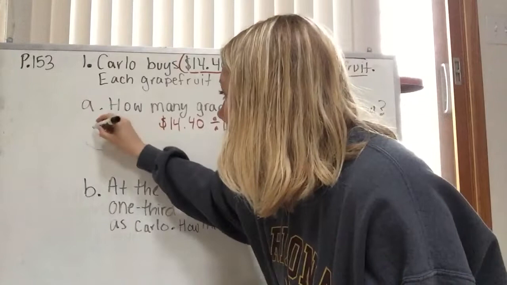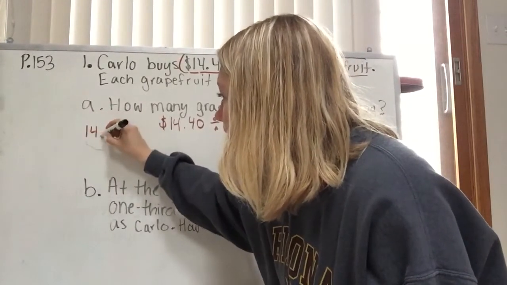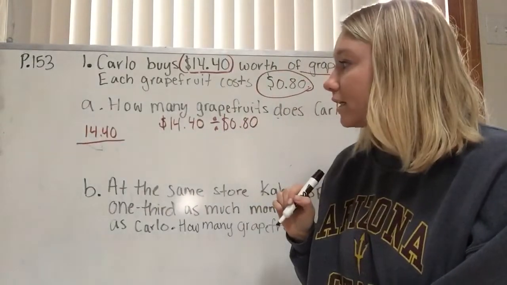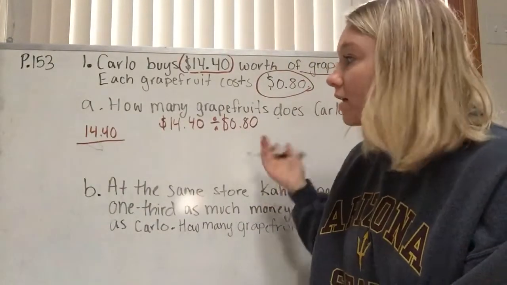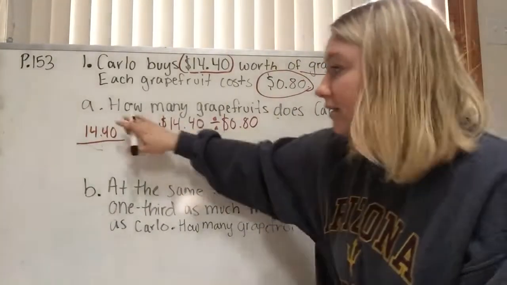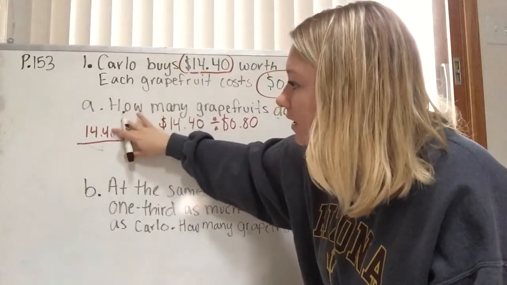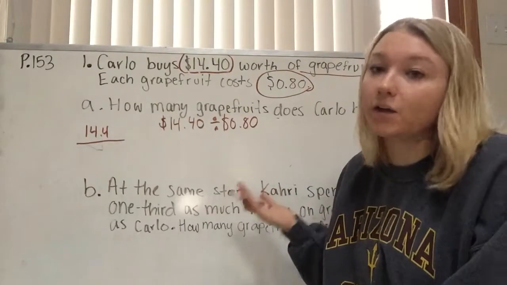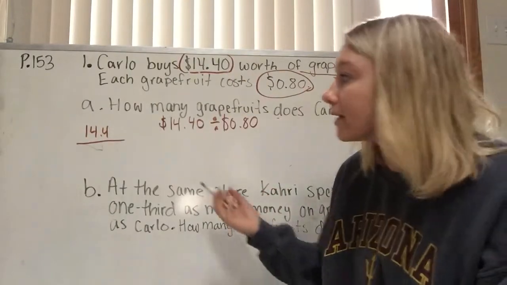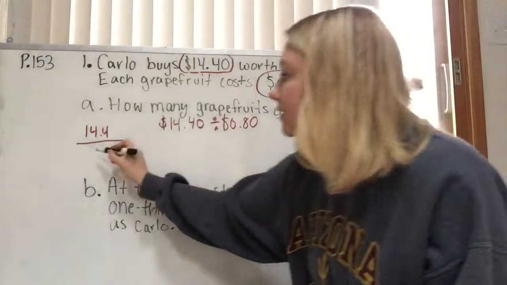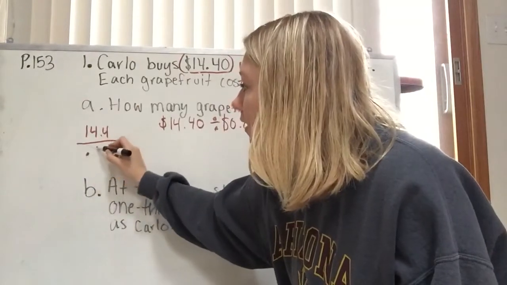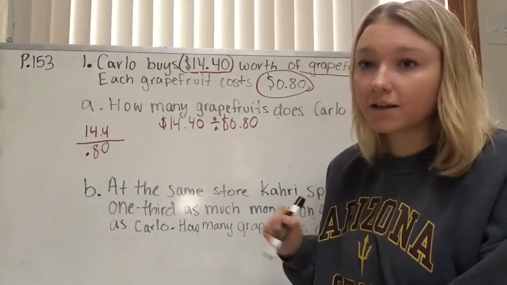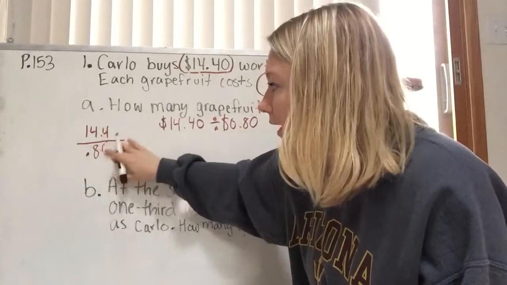So I'm going to take 14.40, 14 4/10. So I don't really need the 0 at the end, right? Because there's no value in that place, in the hundredths place. And then same with this, the 80 cents or the 80 hundredths, I don't need that 0 anymore, okay?